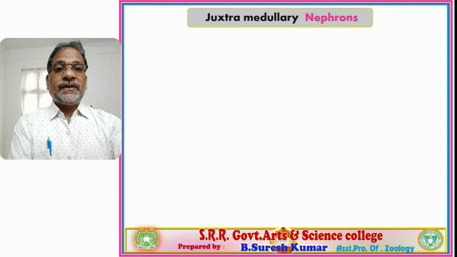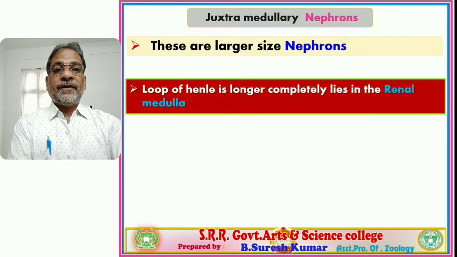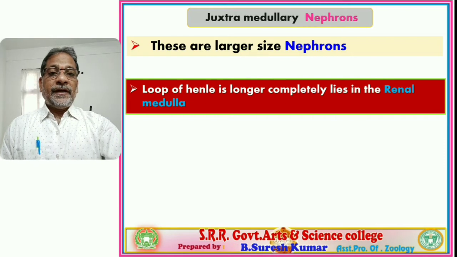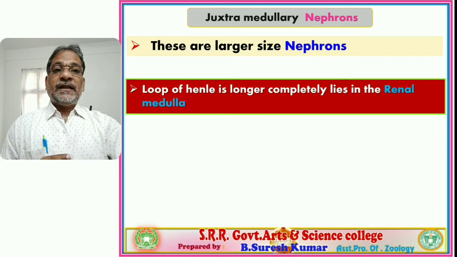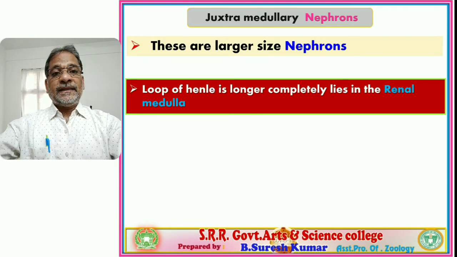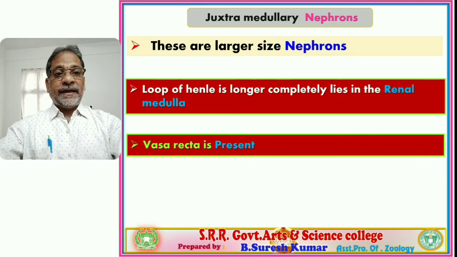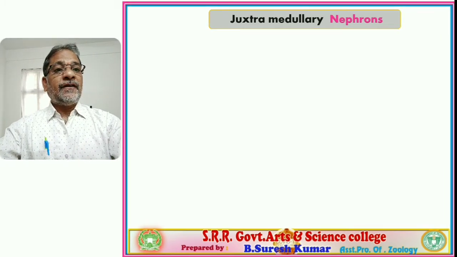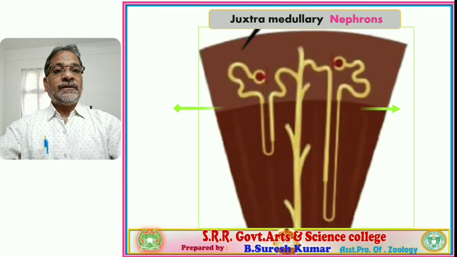Second variant, juxtamedullary nephrons. The juxtamedullary nephrons are larger size nephrons, and loop of Henle is longer in these nephrons, and the loop of Henle of these nephrons completely lies in the renal medulla, and prominent vasa recta is present on the surface of loop of Henle. Let us see juxtamedullary nephrons.